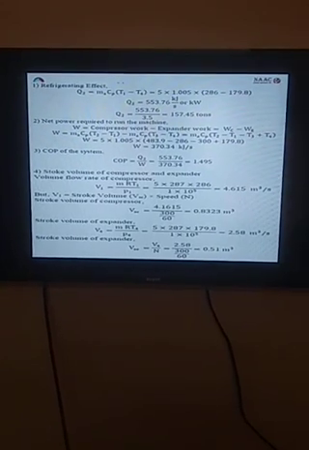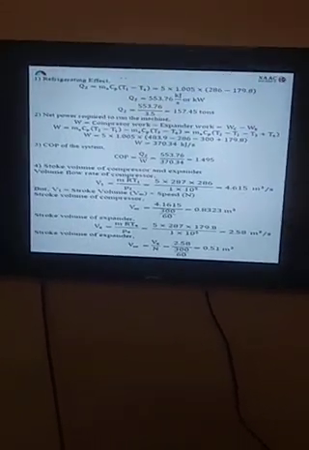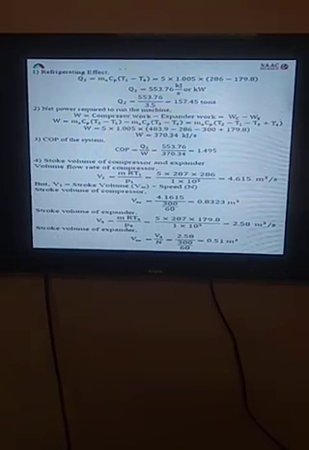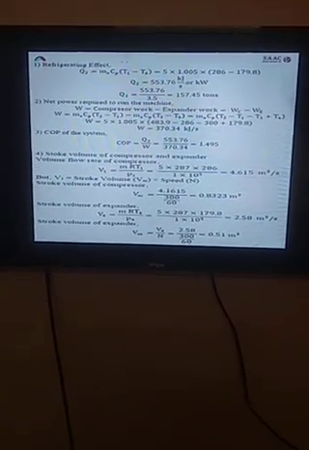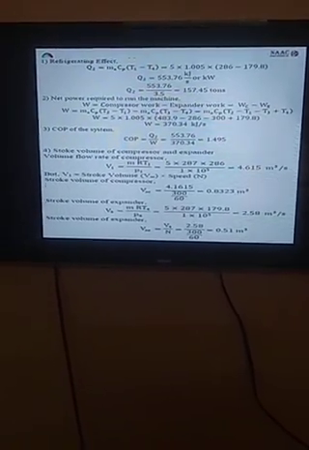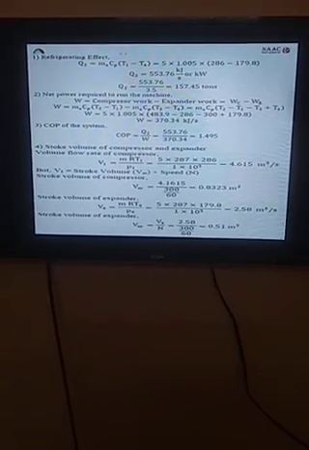If we substitute the M value as 5, the R value as 287, temperature T1 as 286, and the pressure as 1 bar, that is nothing but 1 into 10 raised to 5 Newton per meter square. After substituting all these values, the volume flow rate of compressor is obtained as 4.615 meter cube per second.